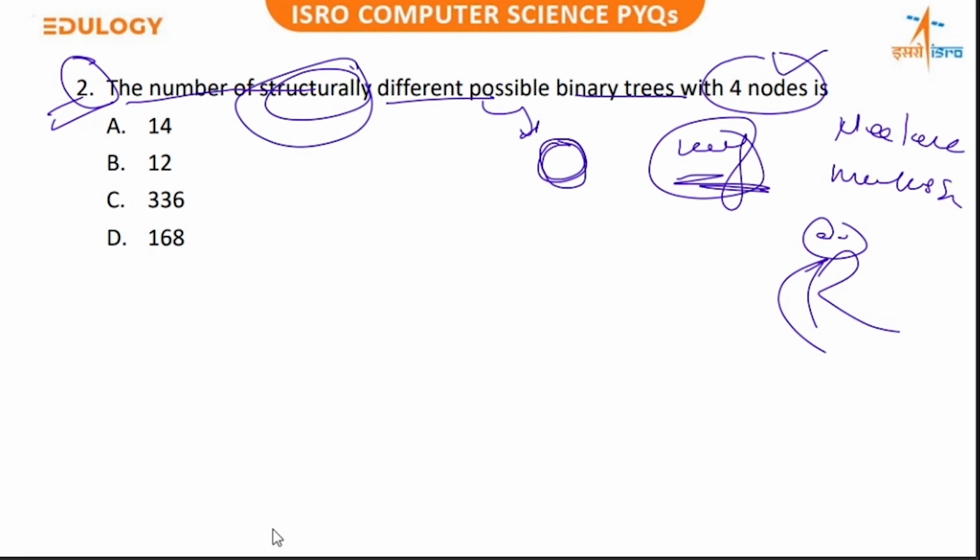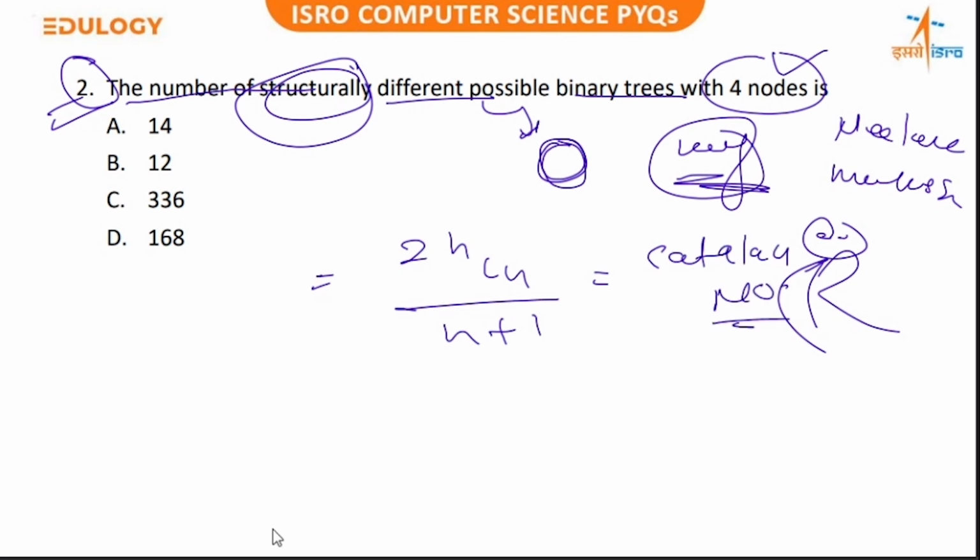So there is one simple formula which is 2n C n divided by n plus 1. It is also known as the Catalan number. Catalan number, the most important formula. This formula is also used for calculating stack permutation.